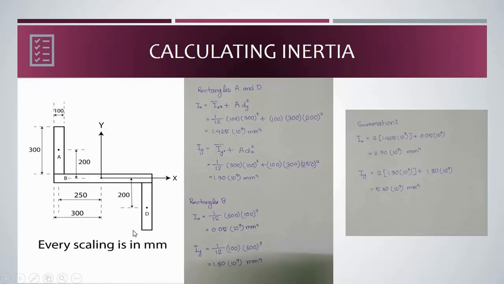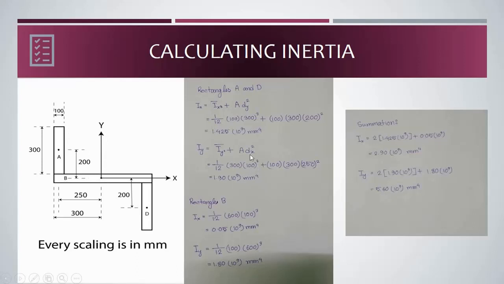Now I will measure the moment of inertia according to the y-axis, again for rectangles A and D. At first take the conventional method, 1 by 12 b h cube. Here the base will be 300 because we are taking it according to the y-axis, and this will be the height.